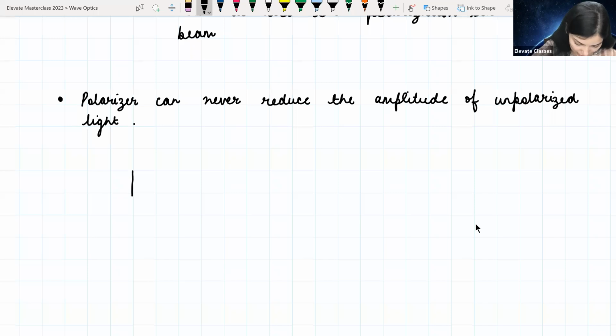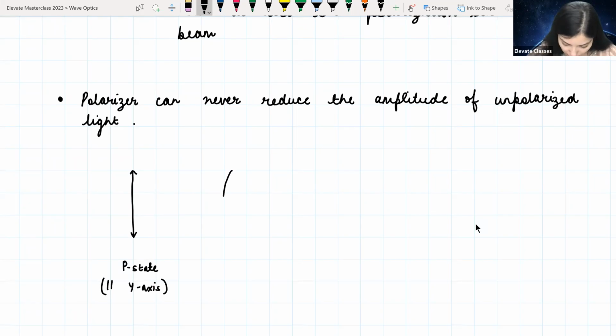So now I have, this is my P state. P state means that it's plane polarized, but it is parallel to the y-axis. So I can just make a note that it is parallel to the y-axis here. Now what I'll do is put an analyzer in front of it. So this is my analyzer.